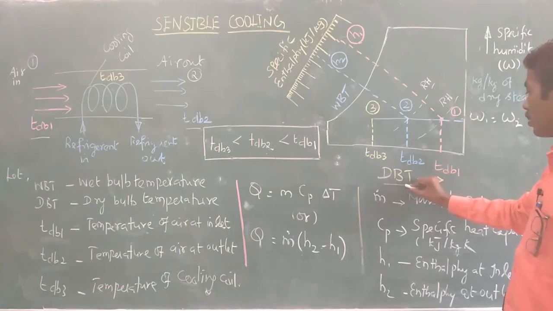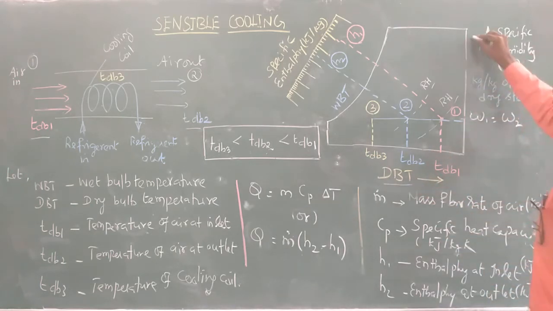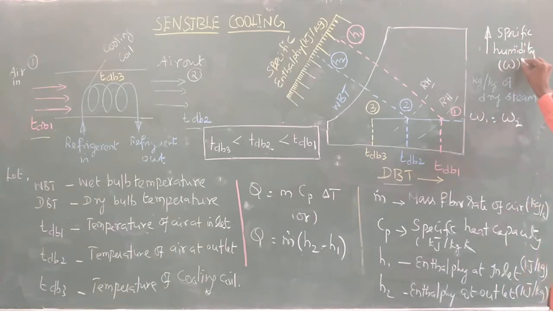In the y-axis we have specific humidity, denoted as small w. The unit of specific humidity is kg per kg of dry air. The definition of specific humidity is: in 1 kg of dry air, how much water vapor is present. That gives you the specific humidity.